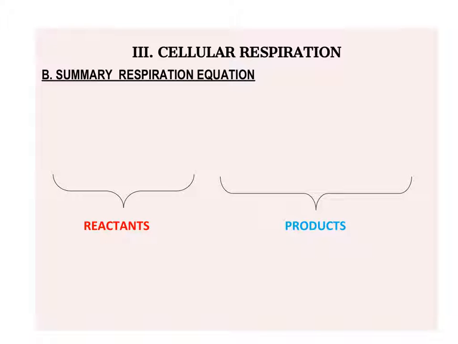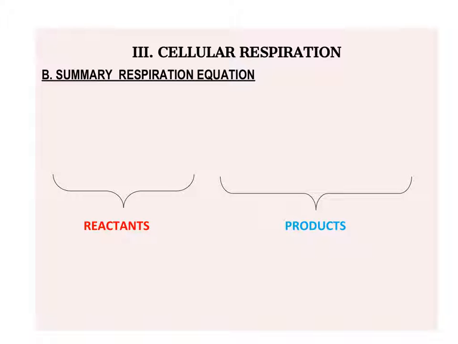Alright, so now the summary equation for respiration. First I'm going to write the summary equation we had for photosynthesis. If you actually memorize that, great, because it's going to be really easy to remember the equation for respiration. If you haven't been able to memorize the equation for photosynthesis, what have you been doing the last 2 weeks? It's basically been on the board every day, and it's been in all of our Edpuzzle lectures.